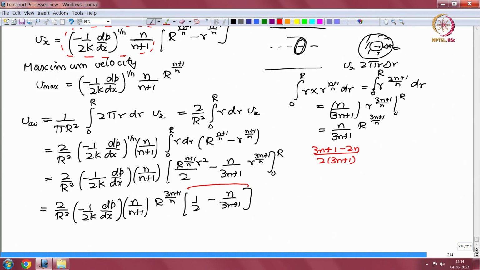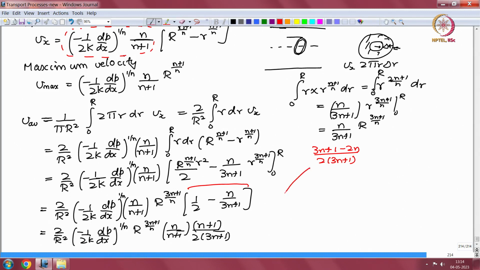So, it is equal to n by 2 into 3n plus 1. I missed out a factor of 1 by n here, kindly note that.